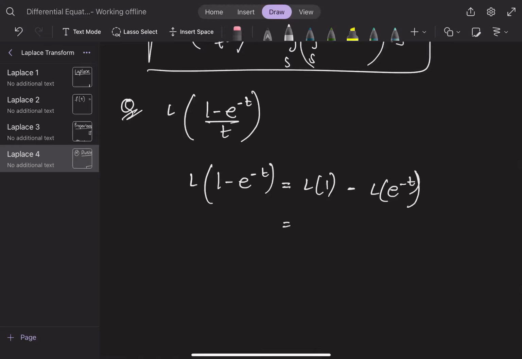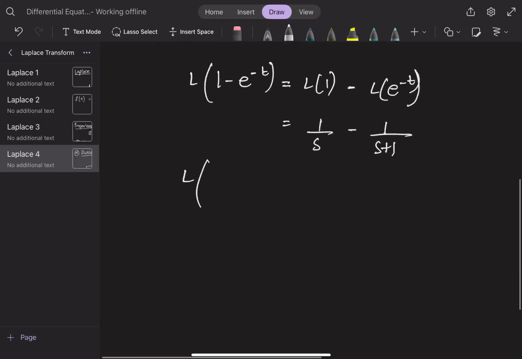So this becomes 1 by s minus 1 by s plus 1. So Laplace of (1 minus e raised to minus t) divided by t is given by integral s to infinity (1 by s minus 1 by s plus 1) ds.